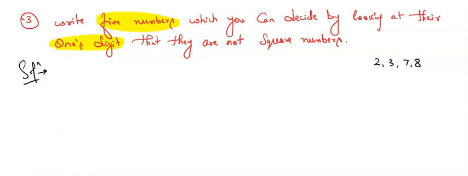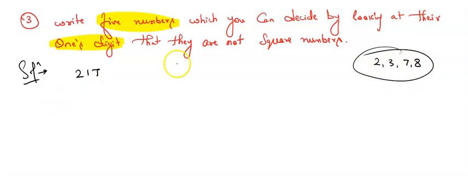Can you guess any 5 numbers just by looking at their ones digit, that is nothing but unit digit, that they are not perfect squares? 217, as you can see the ones digit, that is the units digit, is 7. Yes, it is not a perfect square.